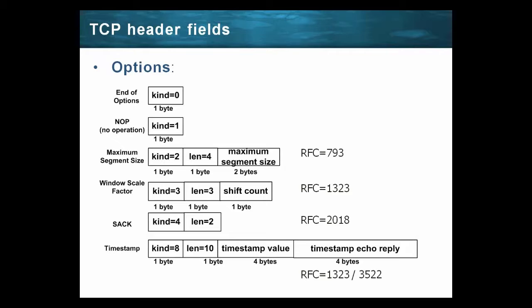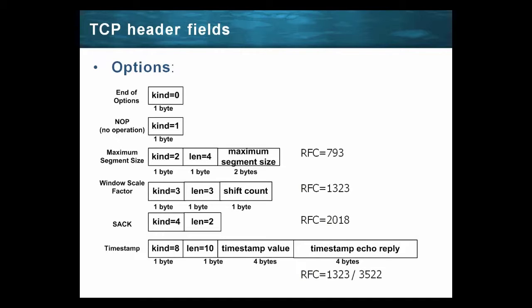Some new things have been added over the years: window scaling, scale factors, so we can increase the receive window from 16 bits, which was the original 2 bytes in the TCP header, receive window 65,535. So that's kind of a small window by today's standards. So there are mechanisms to increase that with window scaling and scale factor.